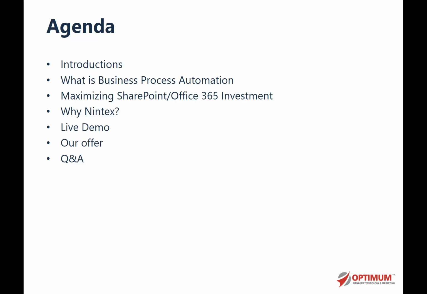We'll also look at how SharePoint and Office 365 enable organizations to be a platform for process automation, and how some other additional tools such as Nintex are available in the market to help fill some of the gaps that 365 or SharePoint has, and also maximize the investment of companies in those platforms. After we talk about those, we're going to see a live demo of an expense report workflow being automated using Nintex, and then we will talk about next steps after that.